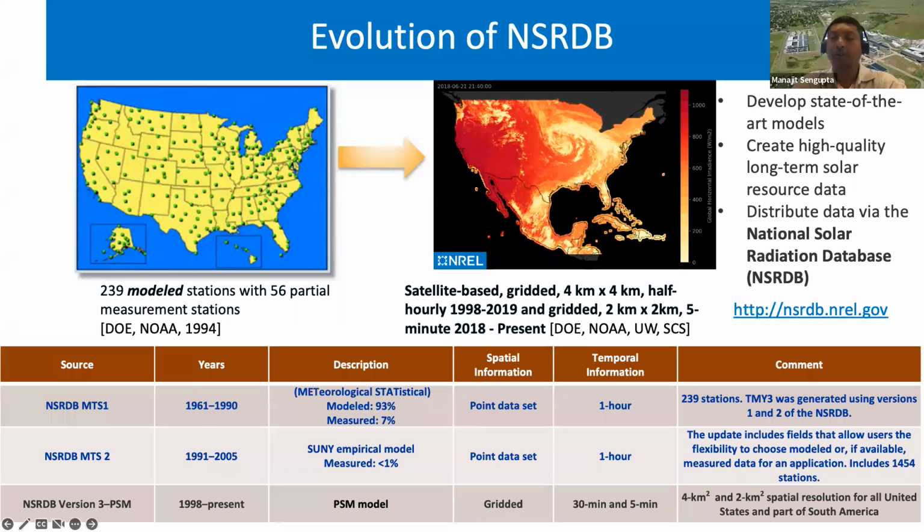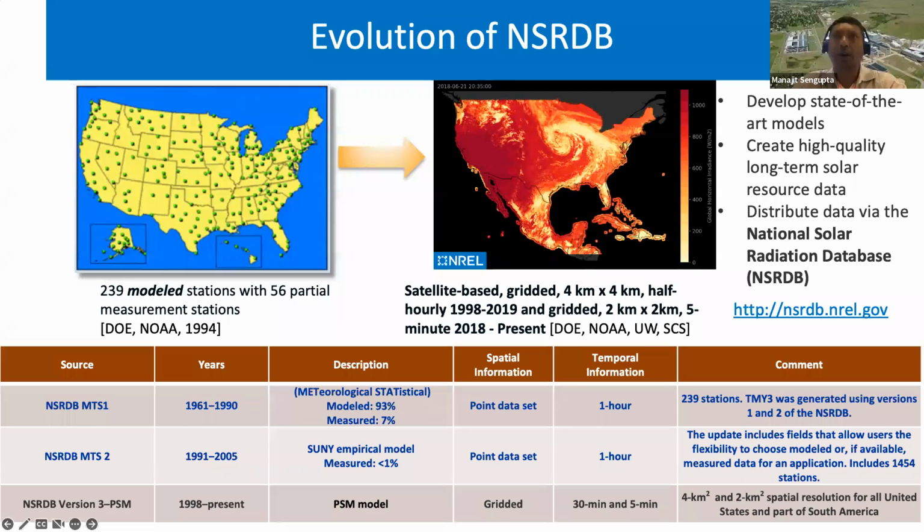Additionally, I'd like to mention that this year we put in a significant effort to update all the data from 98 using the latest version of the physical solar model, so that all the data produced has the latest physics in it.